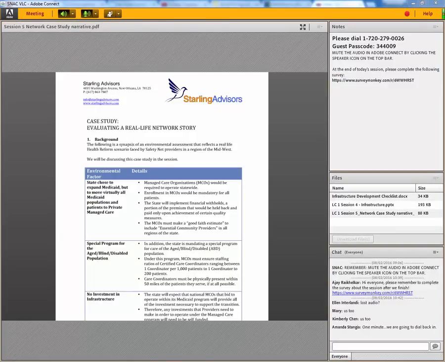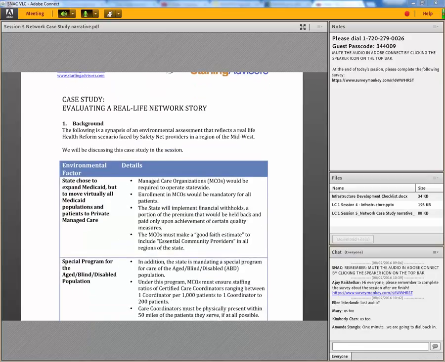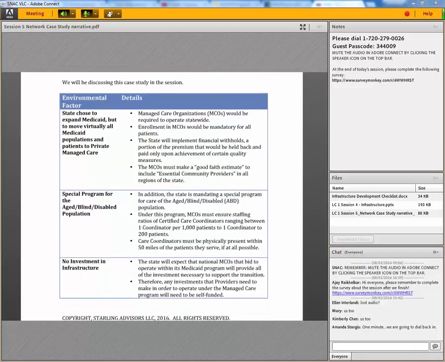Okay. So this case study lays out, and this is actually based on a very real experience, a series of environmental factors that triggered essentially the need for a group of safety net providers to come together and develop a network to respond to those environmental factors.